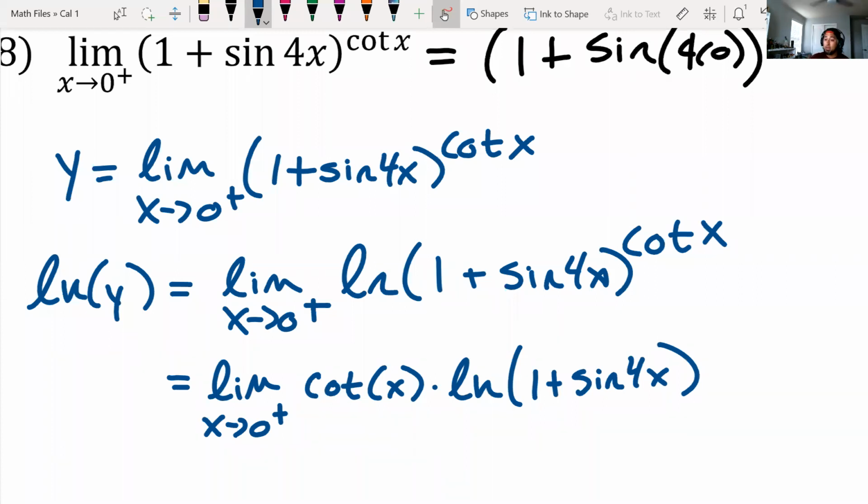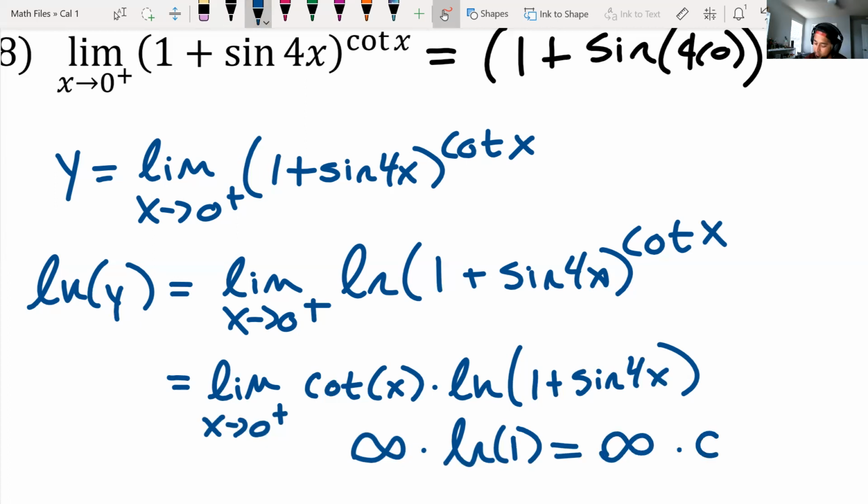Okay. And now, even if you plugged in 0 here, this would now be infinity times the natural log of 0, which is negative infinity. So you'd get infinity times infinity, which would still be indeterminate. Or would that just be 0? 1 plus 0. No, sorry. That would be the natural log of 1, which is 0. So you get infinity times 0, which is still indeterminate.